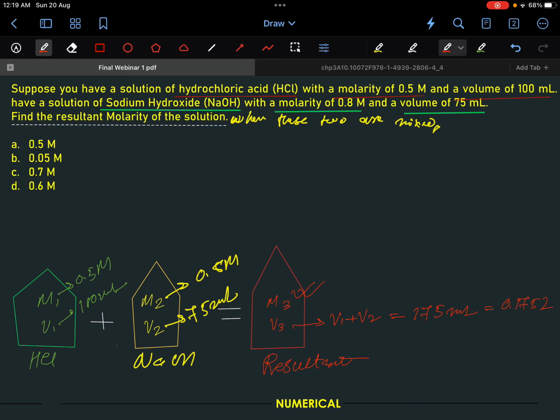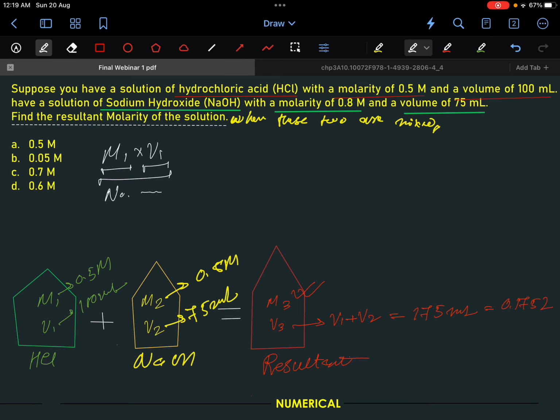So the formula is M1 into V1, that is number of moles per volume into the total volume. Ultimately it becomes the number of moles, which represents the number of molecules.